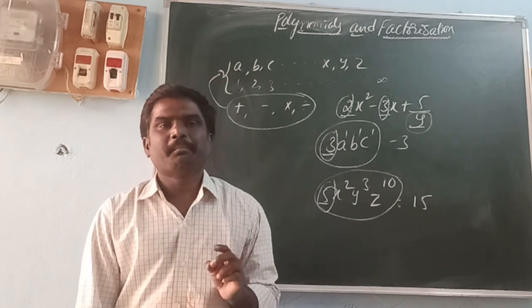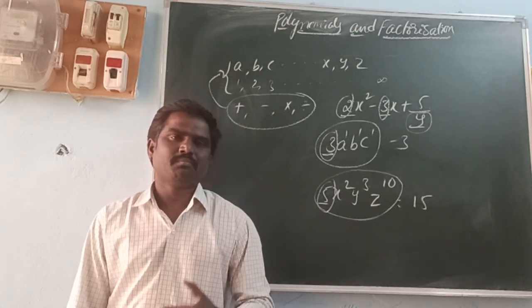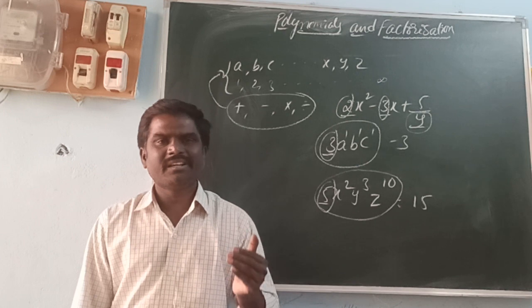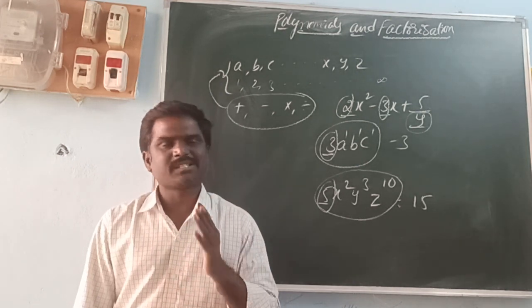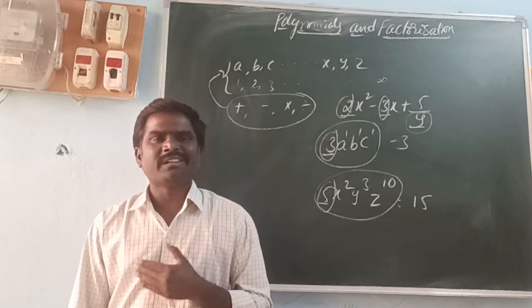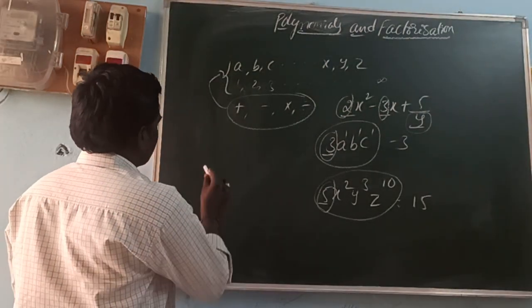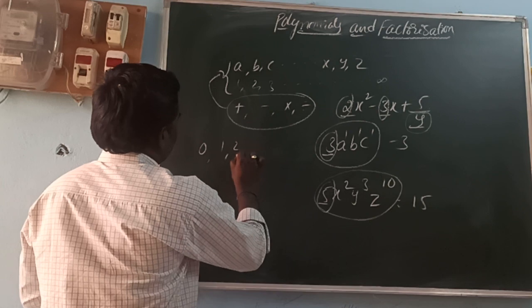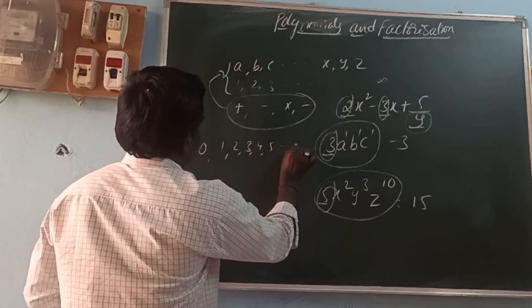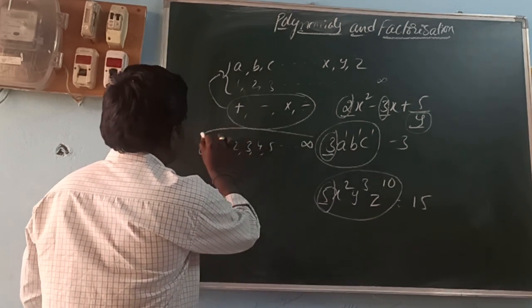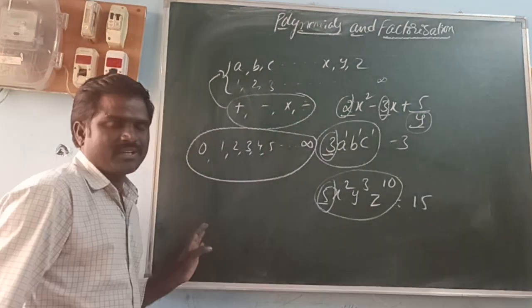Next, polynomials means the degree of terms of an algebraic expression is non-negative integers. So non-negative integers means what? 0, 1, 2, 3, 4, 5 and so on, infinity. These are all called non-negative integers.